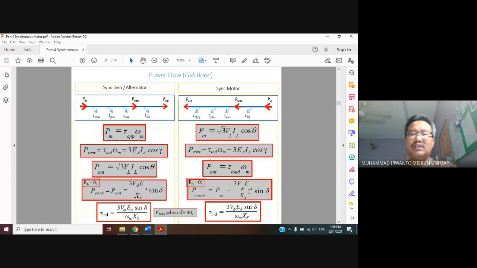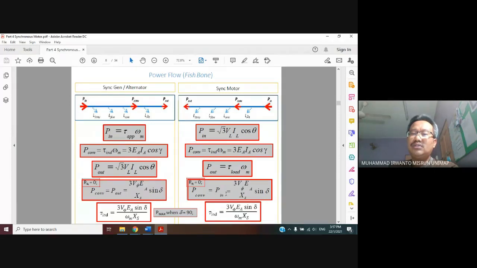The output power is equal to the input power for RA equals 0, because there are no copper losses. RA equals 0 means there are no copper losses.